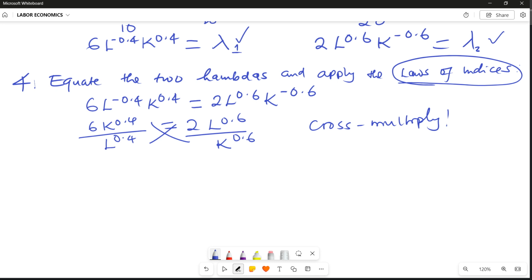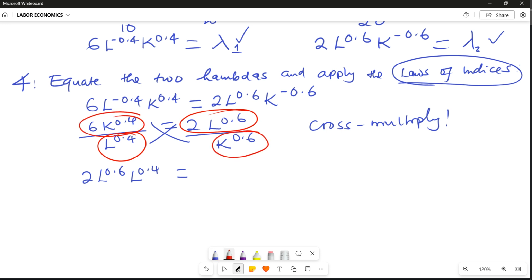Let's start with the labor multiplying by that side. So that will be 2L to the power 0.6 multiplied by L to the power 0.4 is equal to the capital now with the other capital there.